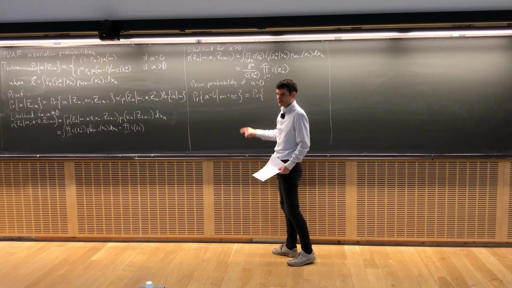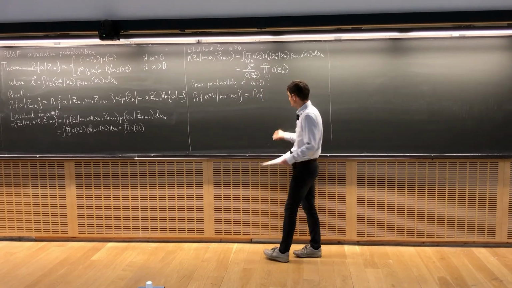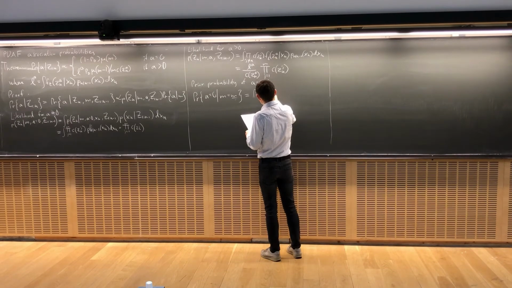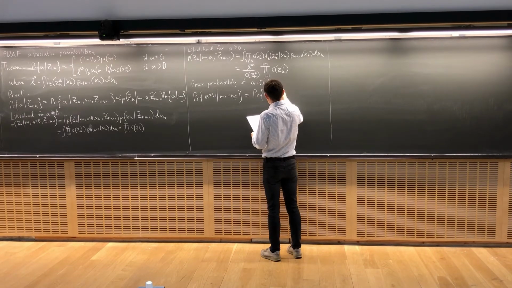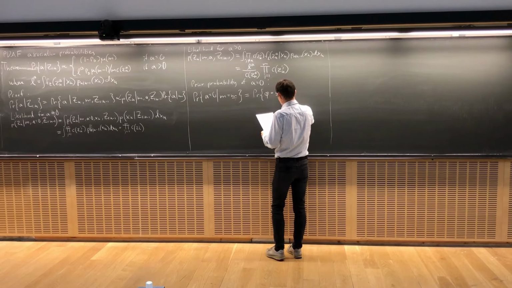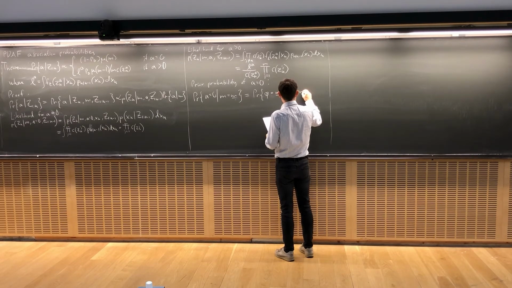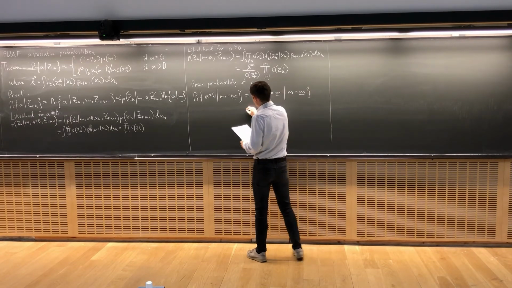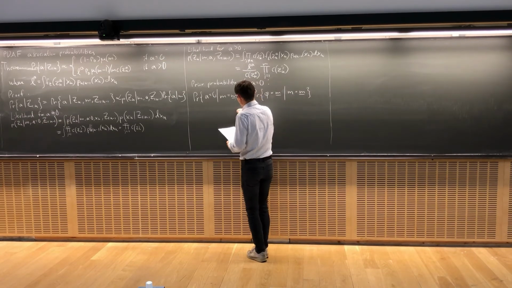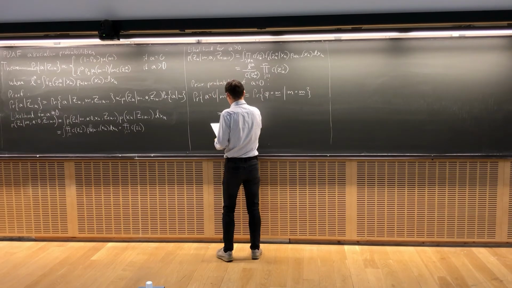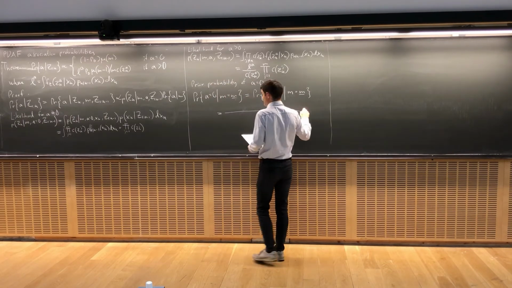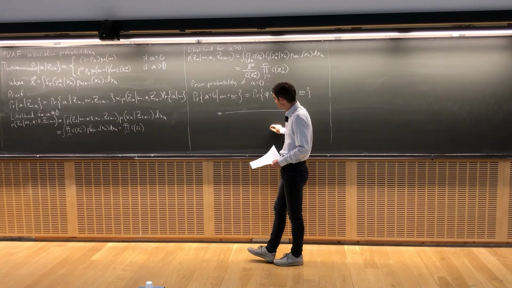Having a misdetection means that all measurements must be from clutter. So this means that the number of false alarms, which I call phi, is going to equal n bar, given that n equals n bar. Then I'm going to use Bayes' rule on this.